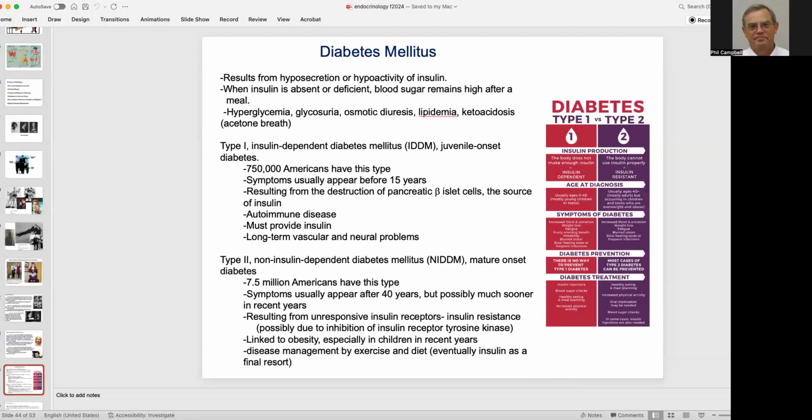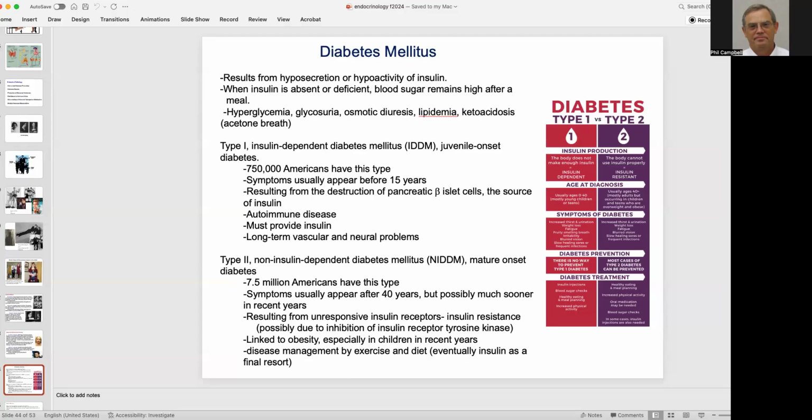All right, now let's get to the big one, diabetes. There are two forms of diabetes, type 1 and type 2. Basically, type 1 is insulin dependent diabetes. This is the one that is generally associated with children. You are not born with type 1 diabetes.